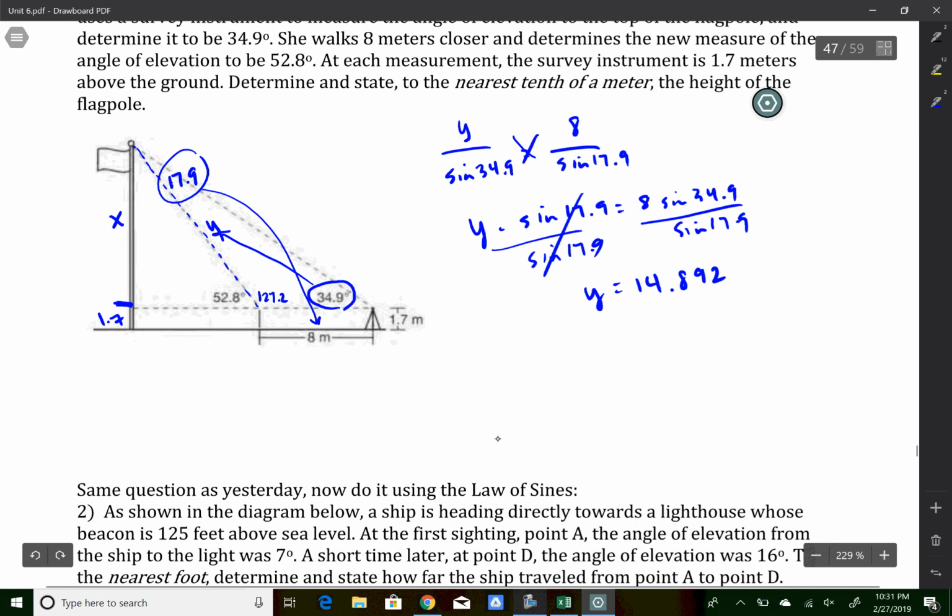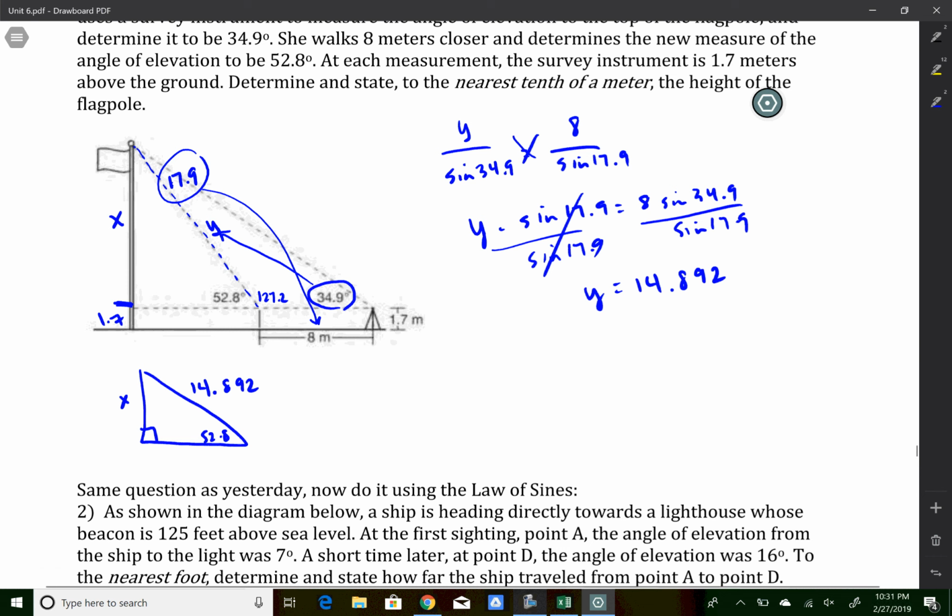So let me just redraw my triangle here. So here's my right triangle, x, 52.8, and the side we just found, y, is 14.892. Well, I could just use regular SOHCAHTOA, right? I have the opposite side, I have the hypotenuse, so I could say the sine of 52.8 is equal to x over 14.892.